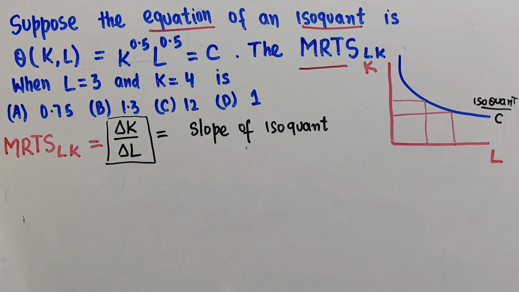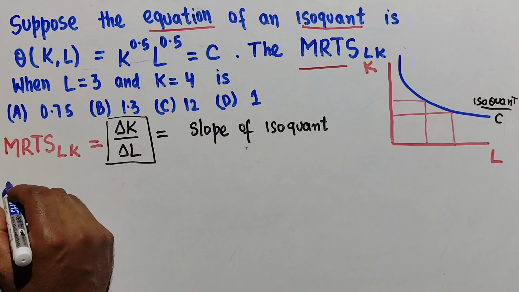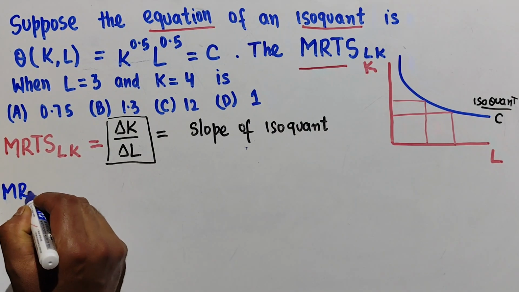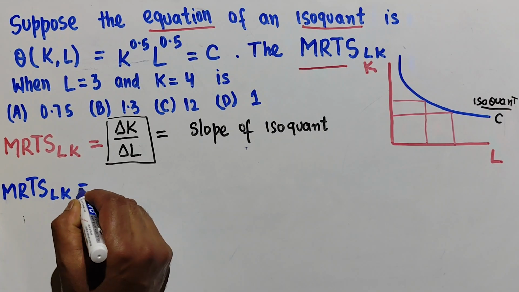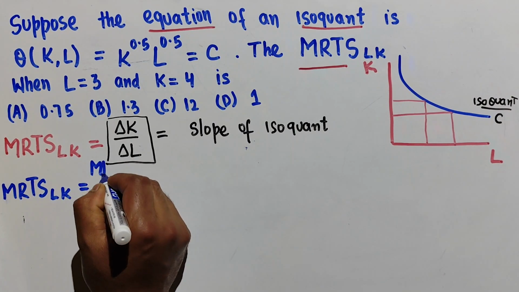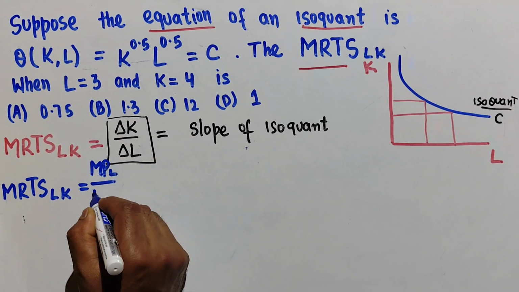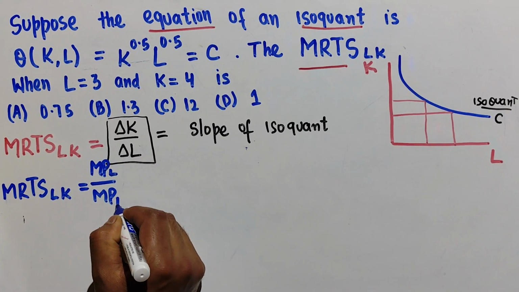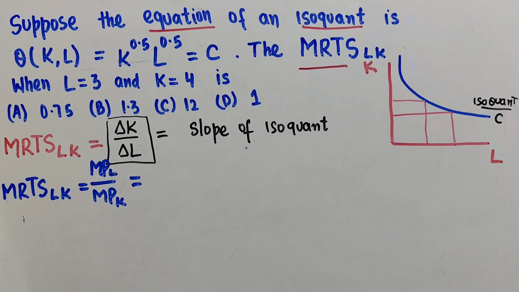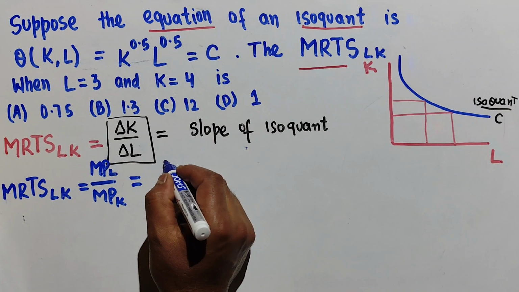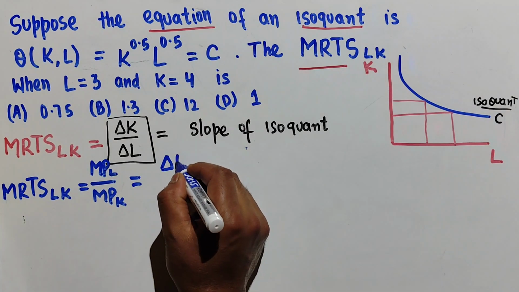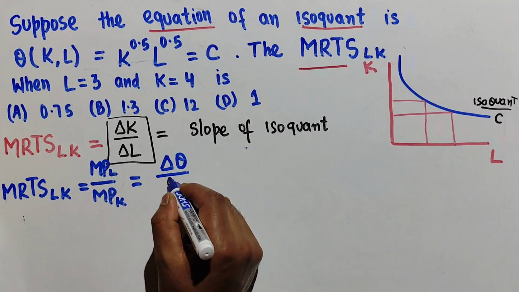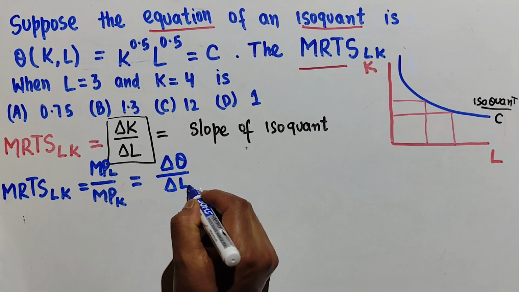Okay, so how did I get this relation? I will explain. We know that the marginal rate of technical substitution between labor and capital is actually equal to the marginal product of labor upon the marginal product of capital. And what is the marginal product of labor? It is simply the change in the output due to the change in the labor.